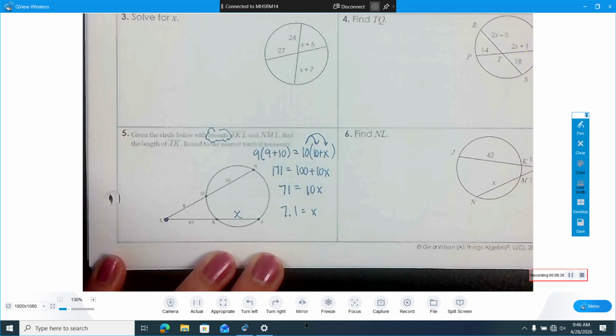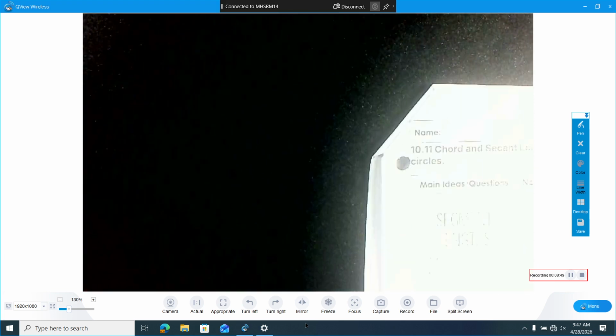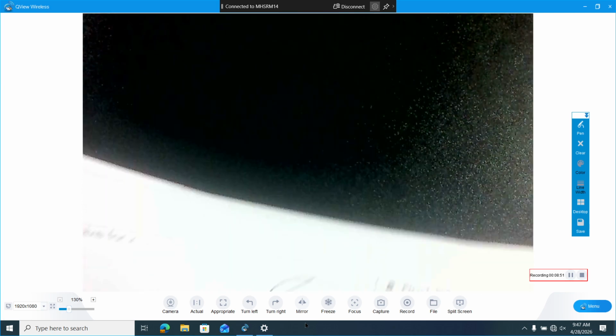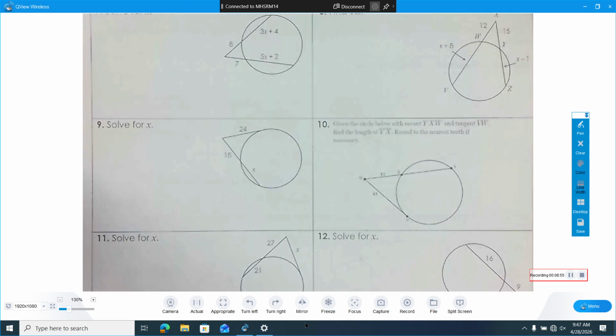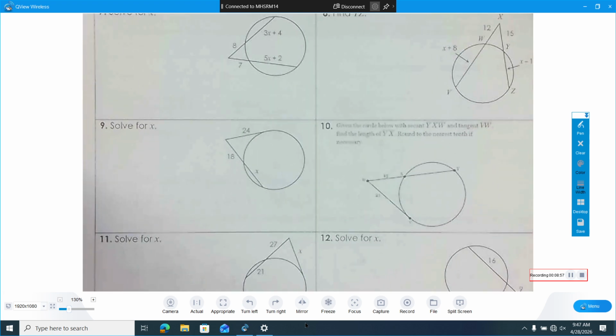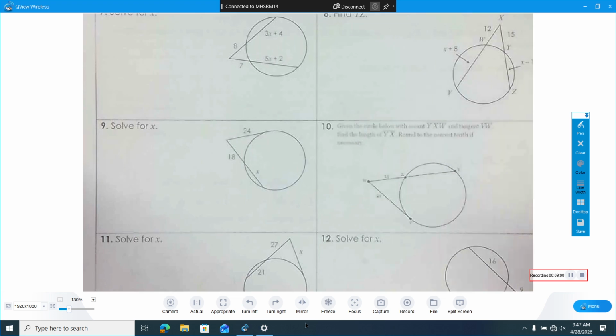All right, questions on that one? Exterior times whole? Easy? Yeah? Okay, good. Let's turn the page. I don't feel the need to do another one of those. Let's look at 9 and 10 and 11 and 12.